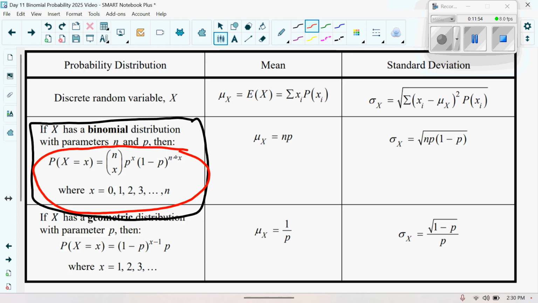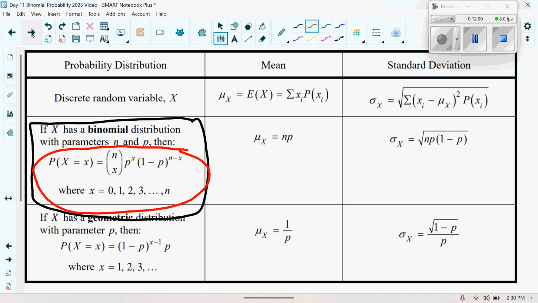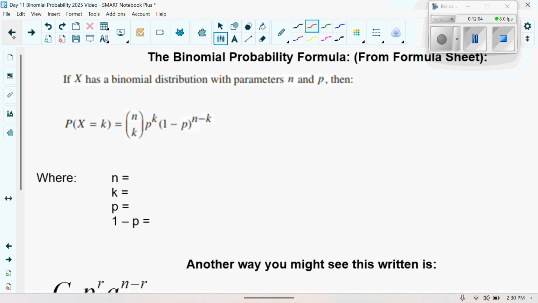All right, so I'm going to show you what this means right now. Instead of k here, it looks like they're using x, but it means the same thing. So it says when x equals x or k, I'll just use k for the sake of this worksheet. The n is the total number of trials. Remember, it's finite.